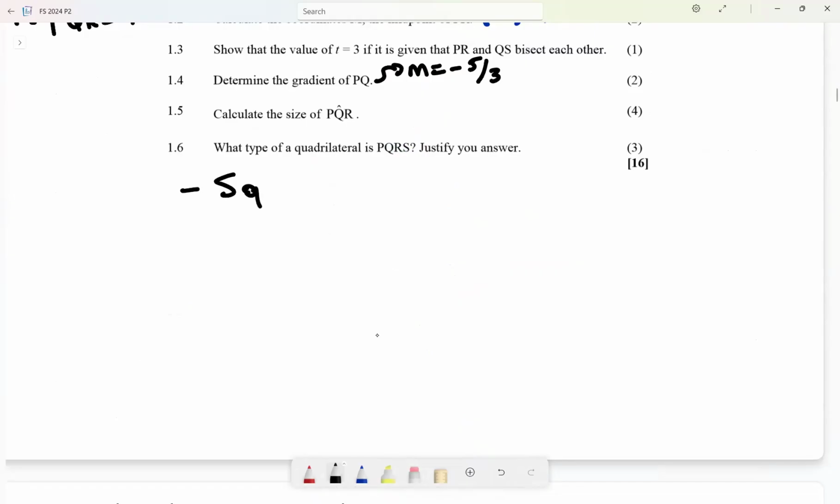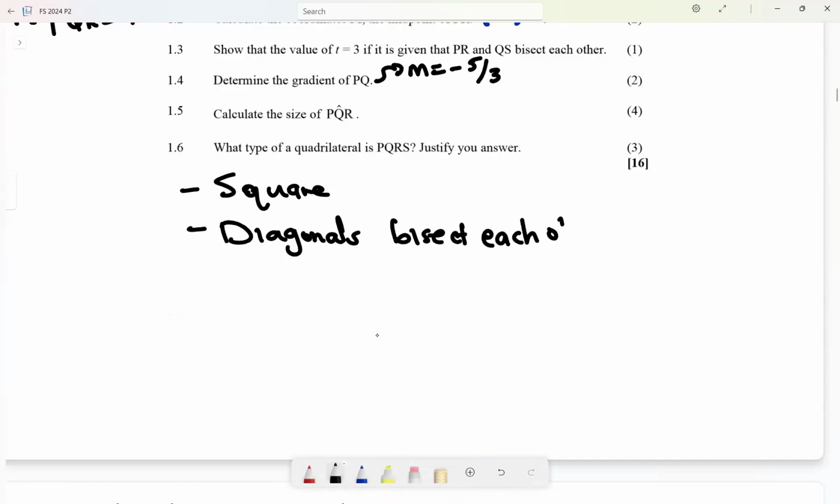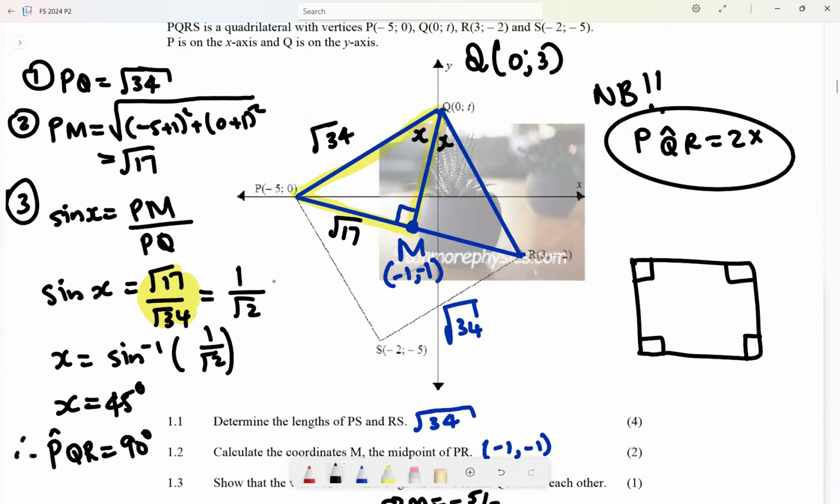The first one I see, I told you it is a square. Why are you saying that? Diagonals bisect each other equally. Why am I saying they bisect each other equally? Remember, if this is square root of 17, this is also square root of 17. Similarly, this is square root of 17.